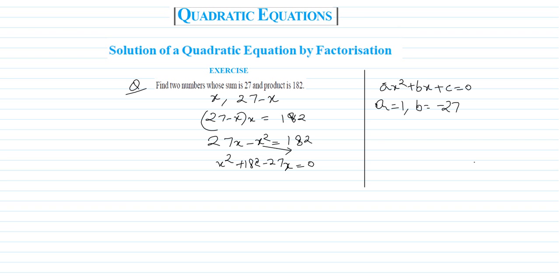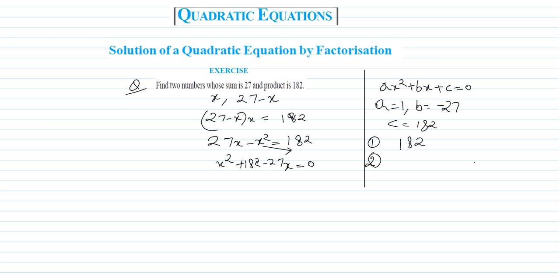Okay, the first step is multiplying a and c. So if we multiply ac, that becomes 182, and in the second step we need to factorize ac. So this 182 will be 2 into 91, and then 91 is 13 into 7.